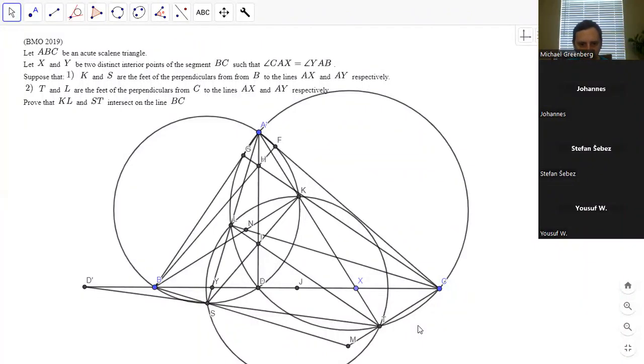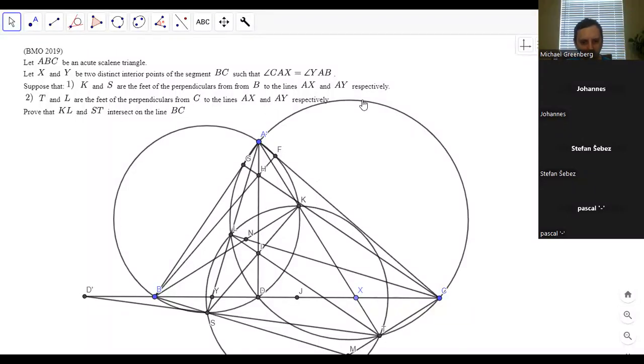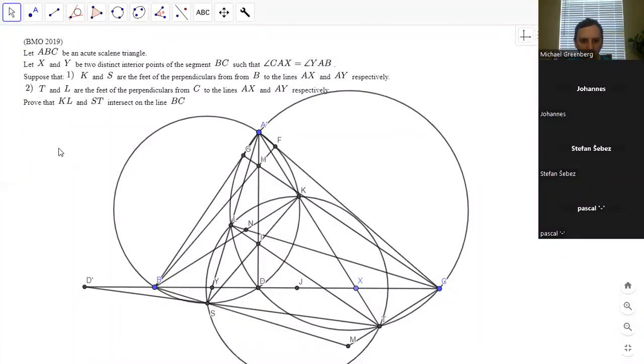So we would have BSK and CTL. I think we do need I on it, right? So I could see why J lies on it, but I don't see why I lies on it. But yeah, M, J, and N are collinear. I don't know if this is going to be important, but AM and AN are isogonal, just by the isogonal line lemma. Okay.